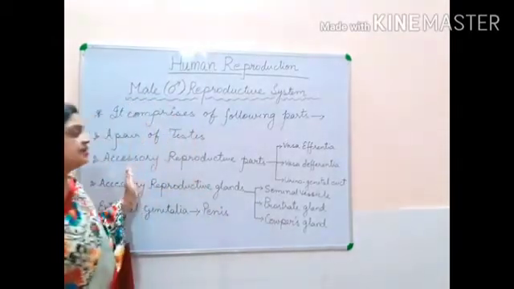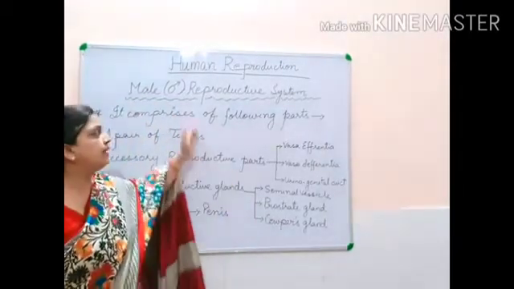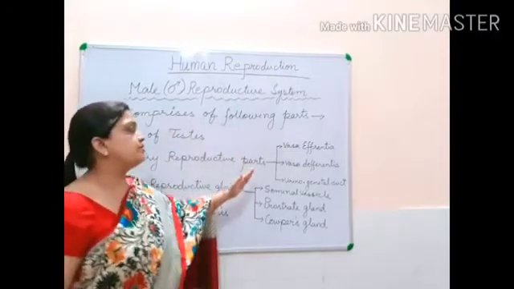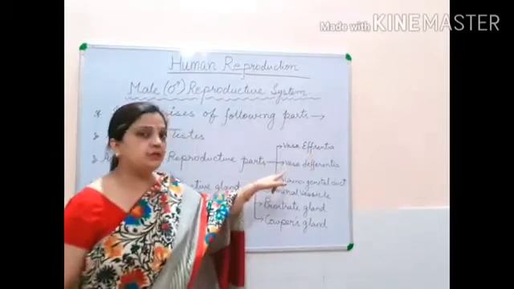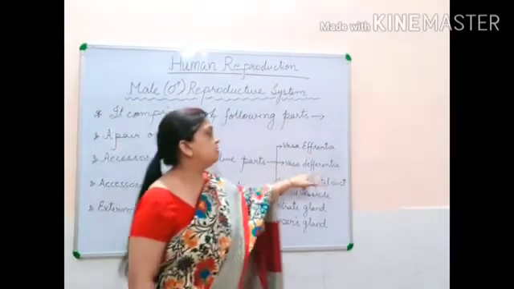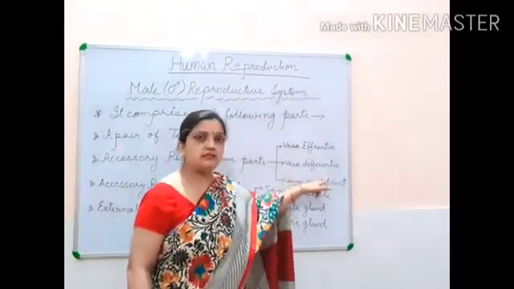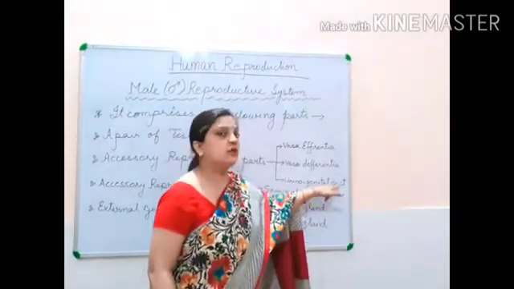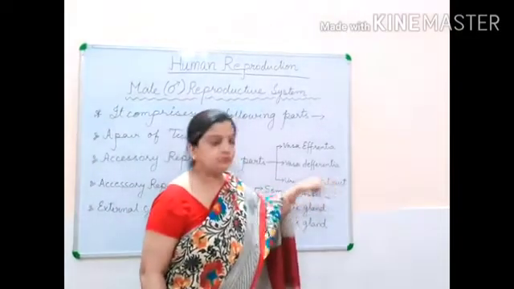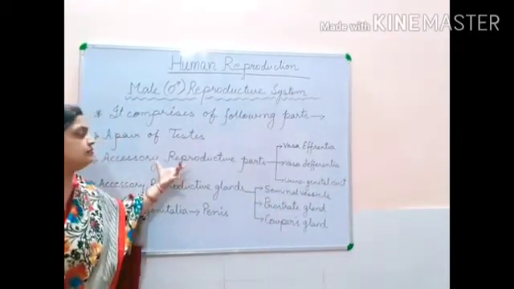So the accessory reproductive parts of the male reproductive system are made up of vasa efferentia, which is a tube-like structure, vasa deferentia, again a tube-like structure, and urinogenital duct, which is also a duct, also a tube. So these are the reproductive parts.